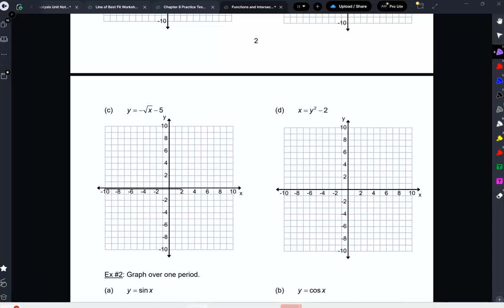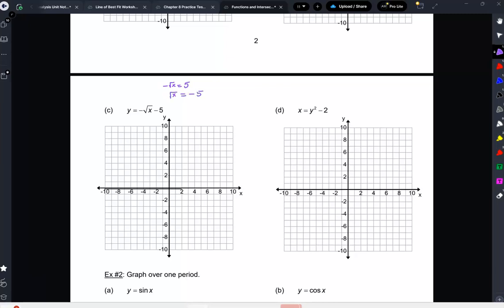Okay, negative root x minus 5. So this one has a vertical shift down 5, so the x-intercept is what in this case? Is there an x-intercept? What do you think? No. There is no x-intercept, because this would be the square root of x equal to negative 5.